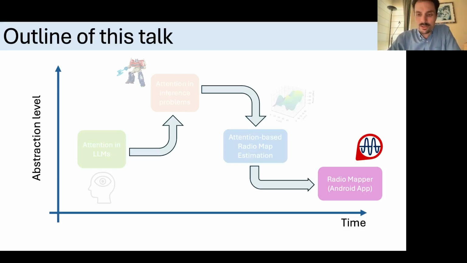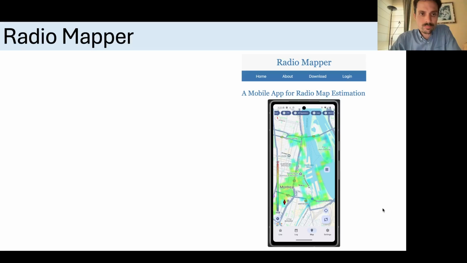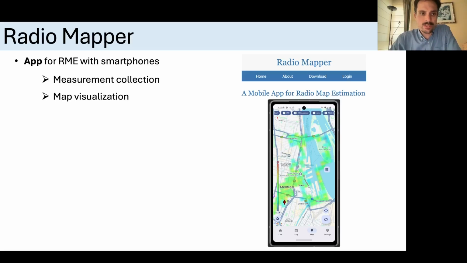All right, so it remains only to explain how we applied these ideas in the real world. In particular, we developed and deployed an app for radio map estimation using smartphones, where the smartphones collect measurements and show the maps to the user.